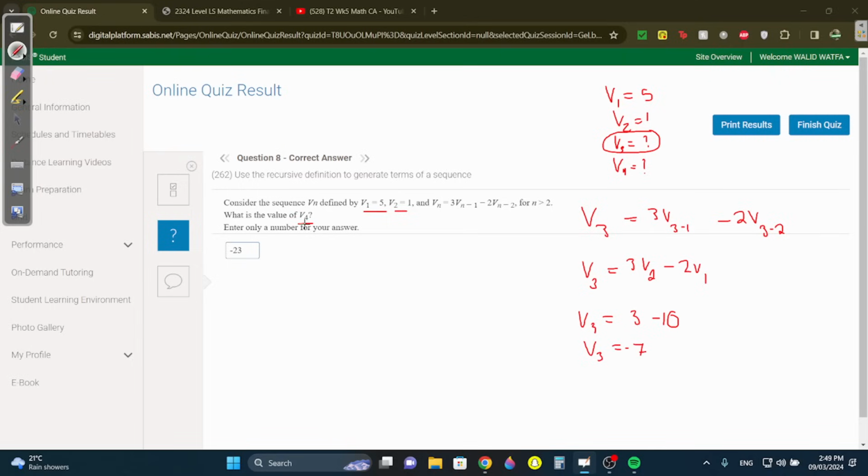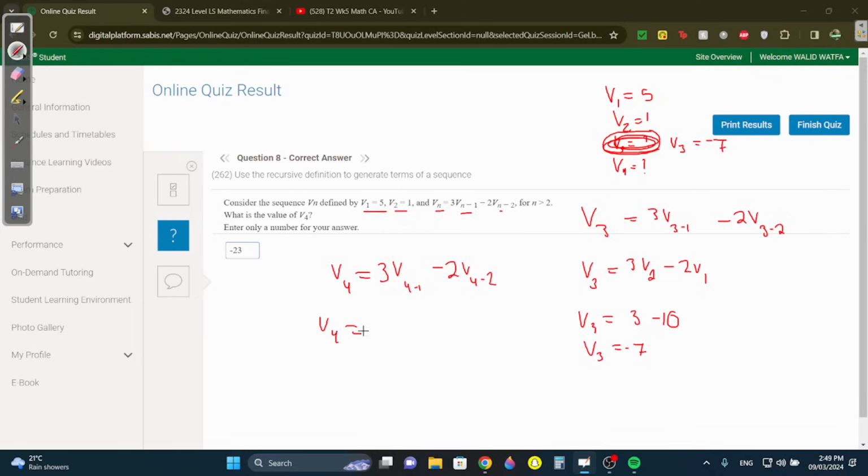But that's not what we're looking for. We're looking for V4. So how do we find V4? Now that we know V3, we can find V4 easily. For Vn, same exact thing. V4 equals 3V4 minus 1 minus 2V4 minus 2. Substitute n.